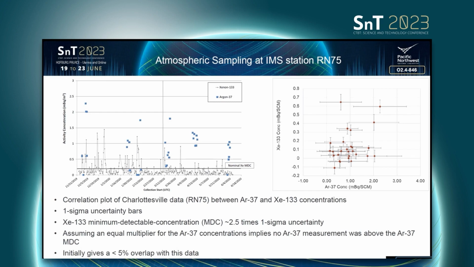We did get some hits, the 1 to 2 millibecquerels per standard cubic meter. One thing we found was not really any correlation with the xenon-133 that was seen at the RN75. So again, it's a piece of the puzzle. Is there correlation just in everyday samples? This one example, probably not. We don't really see any correlations.